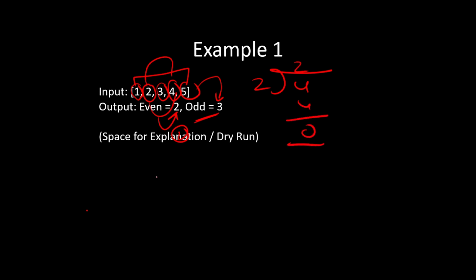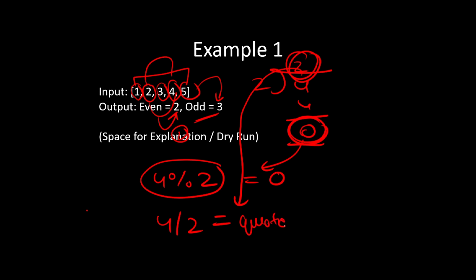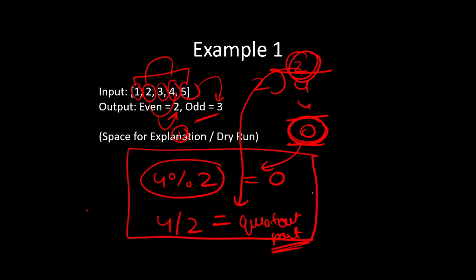When we do 4 modulus 2, this will give you the remainder part, meaning 0. And 4 divided by 2 will give you the quotient part. Okay, so you need to know about these basics.